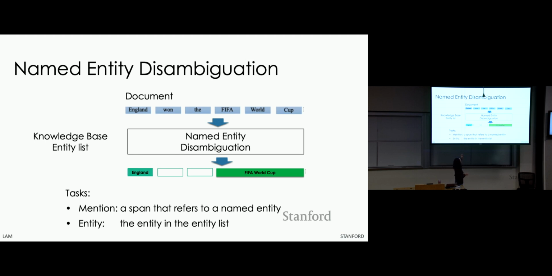So in this case, England is an entity, and then the FIFA World Cup, those three words together, refers to one entity. So the problem now is that you first of all have to pull the mentions out, pull the entities out, and then you have to figure out which entity it is. And so you may be given a knowledge base and an entity list.